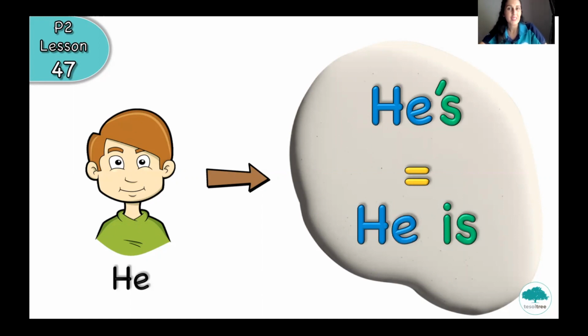The meaning is the same. So he's is the short form of he is. So we use he's if we talk about a man or a boy. For girl, she. For boy, he. Good. So now we are going to practice this grammar topic.